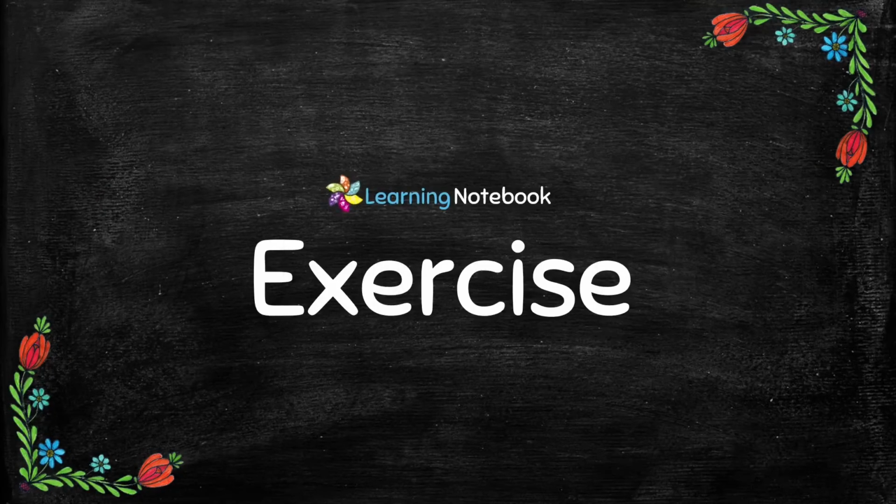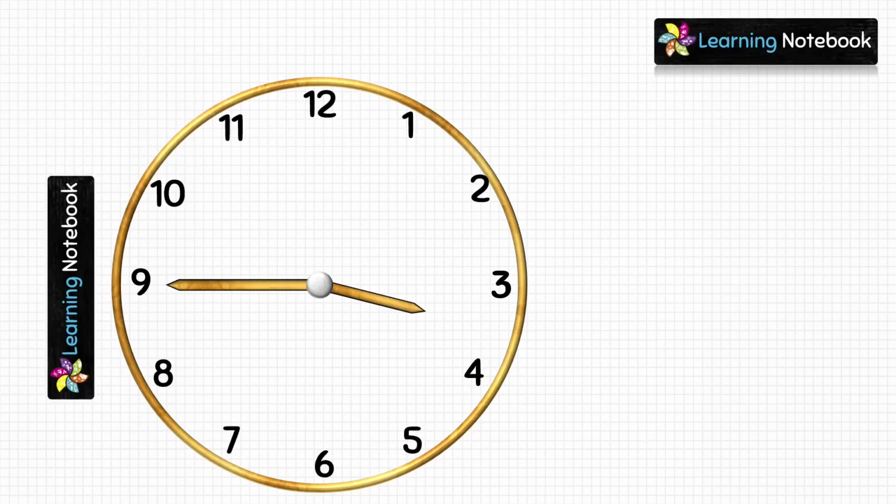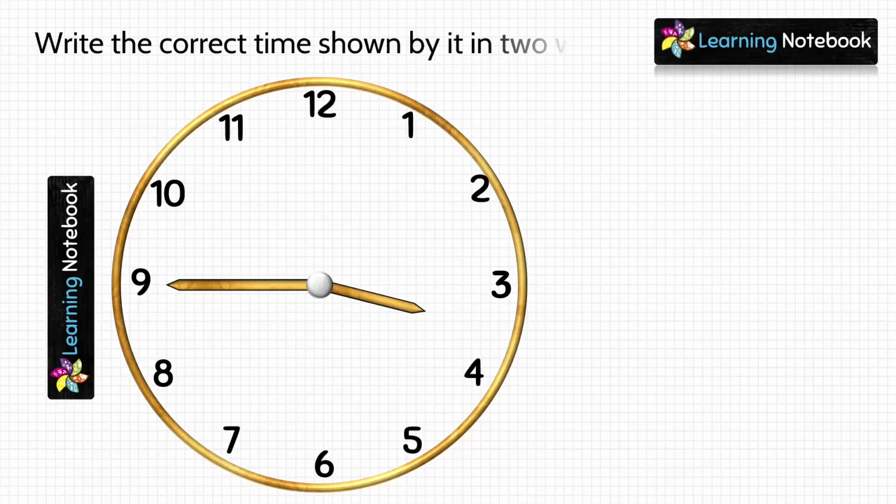Now let's do some questions on how to read time. Question is, write the correct time shown by the clock in 2 ways. So students, have a look at this clock.